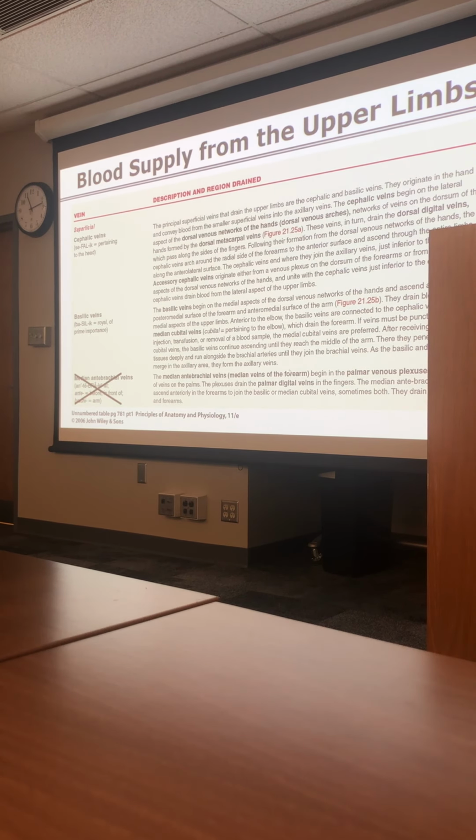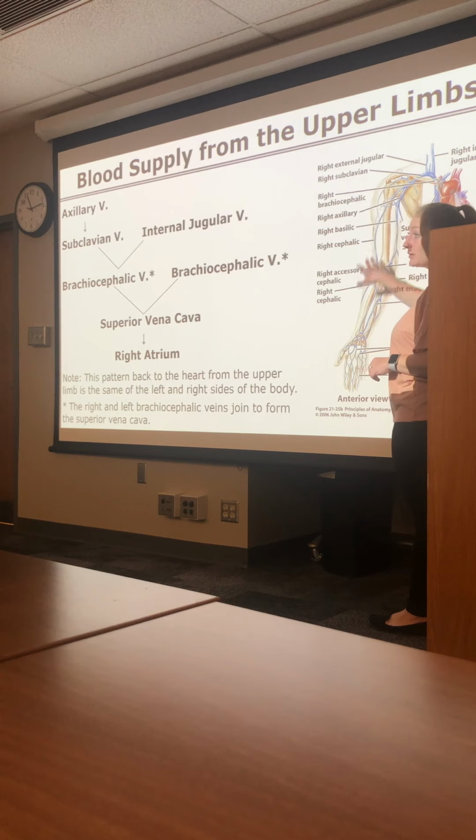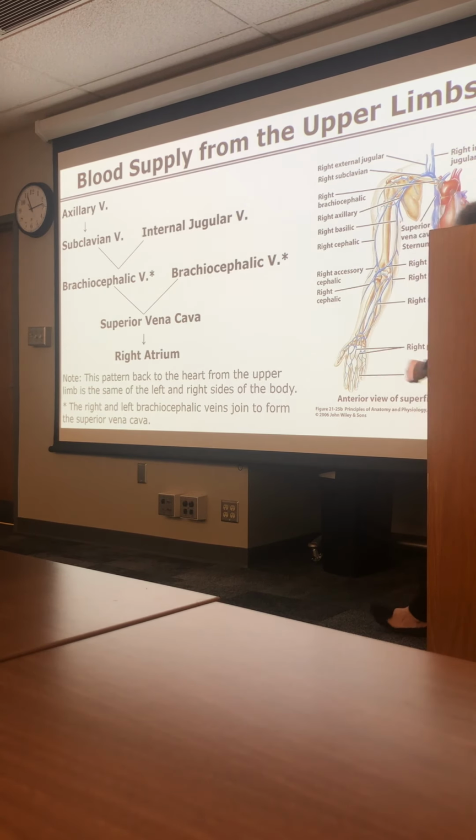This is just a summary. So if we think about vein draining, a lot of people talk about it this way. Okay, but you have to remember that it's actually going up into the heart. So if we start from out here and follow venous drainage back into the heart, cephalic and basilic have drained into our axillary.